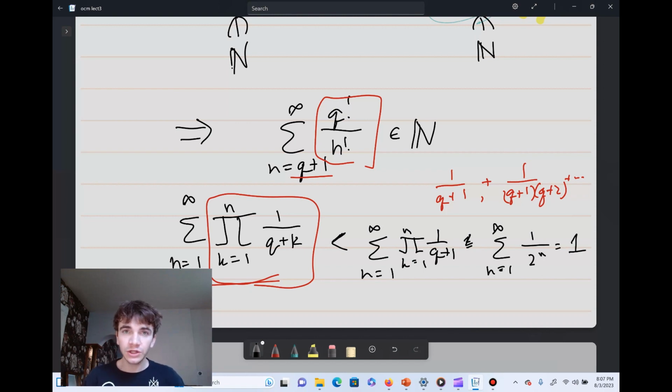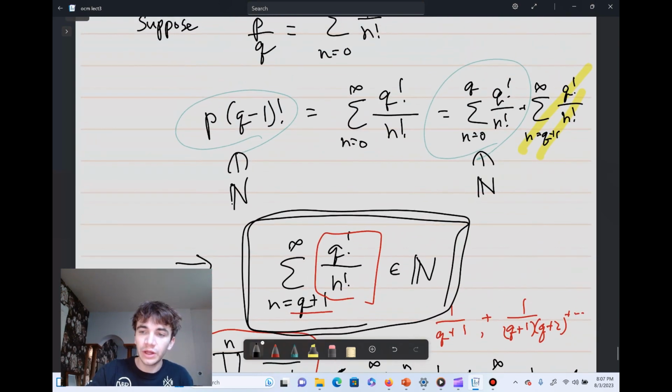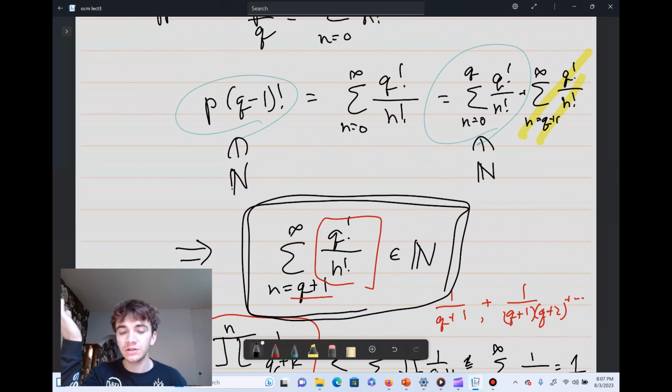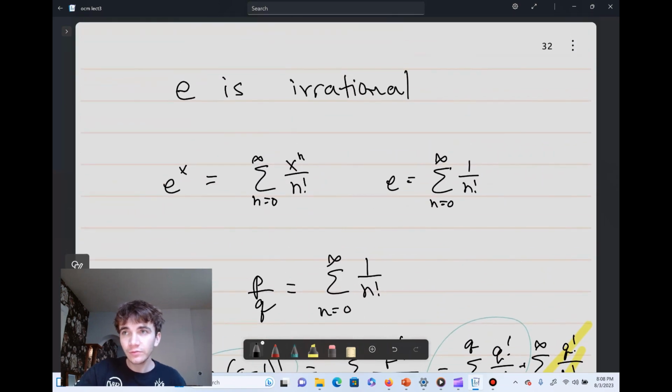So what we've shown is that ultimately the series that we're left with, this remainder term, has to be less than 1. It can never be a natural number, which is a problem because both of these previous terms, after multiplying by q factorial, both had to be natural numbers. And so this is the contradiction that tells us that e is in fact irrational.